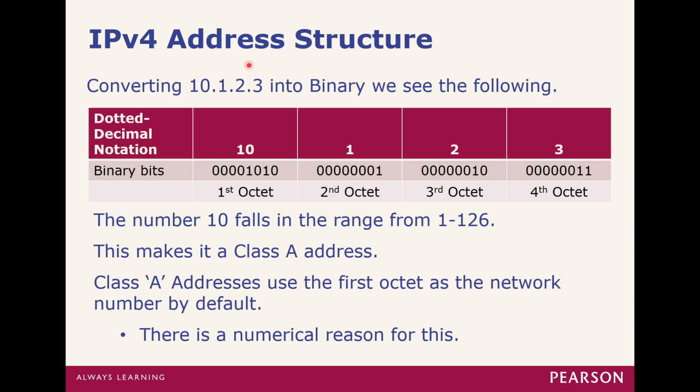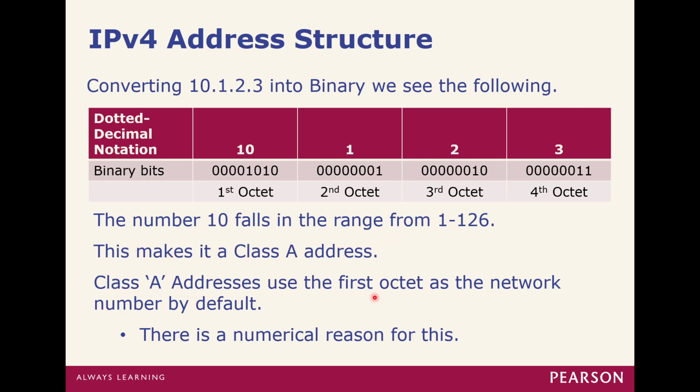Sometimes it's 10.x.x.x or 192.168. These are the private IP addresses that you see on your PC. When you go outside to communicate with servers, this IP address will not be used. It is only for your private network. This makes it a class A address. Why? We will know later.